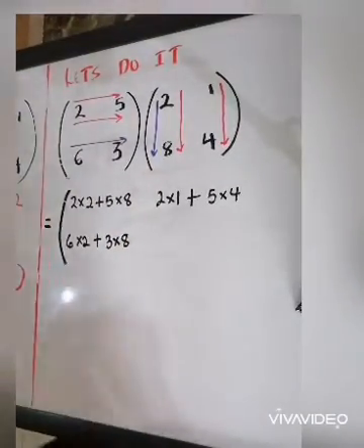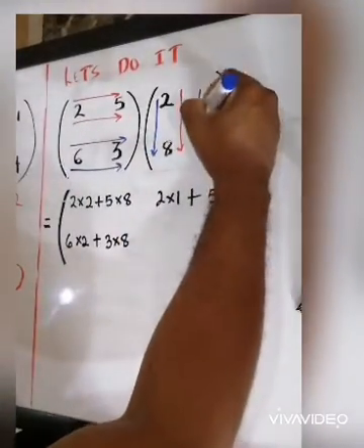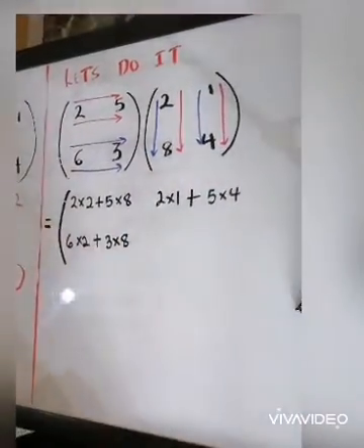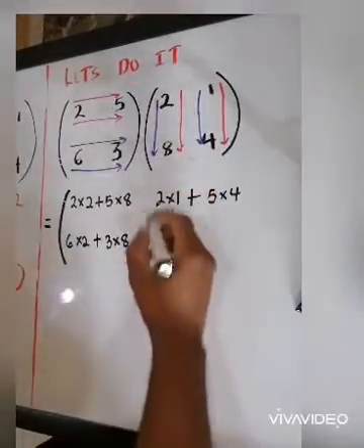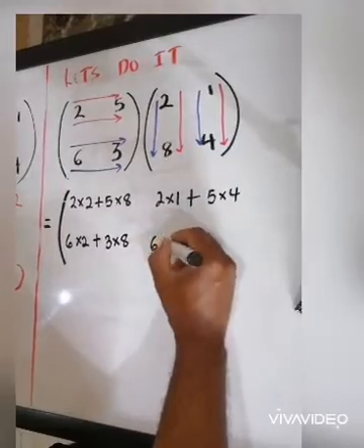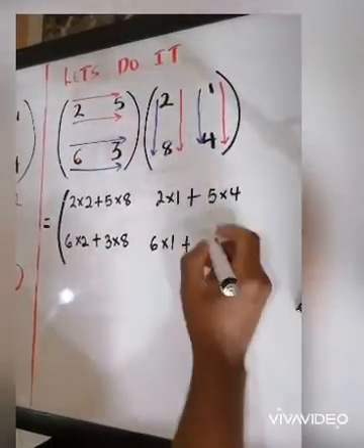And then we're going on to now the second row by the second column. The first by the first, 6 by 1 plus 3 by 4.